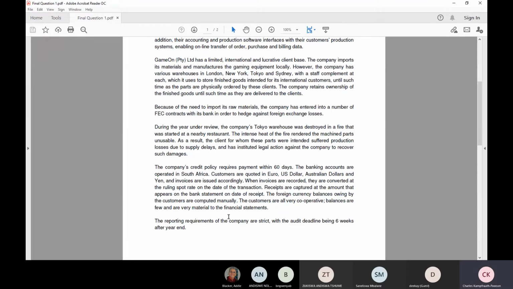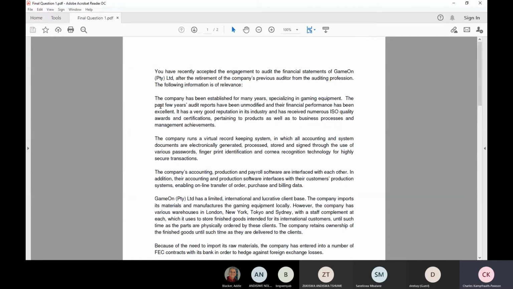If we look at the direction of the audit, that first paragraph is very important, where they say the company has been established for years, specializing in gaming equipment. The past few years, it has a very good reputation in its industry and has received numerous ISO quality certifications pertaining to products as well as business processes and management achievements.